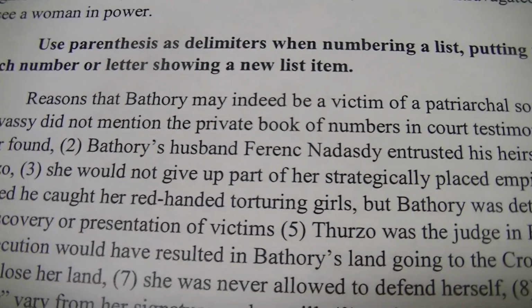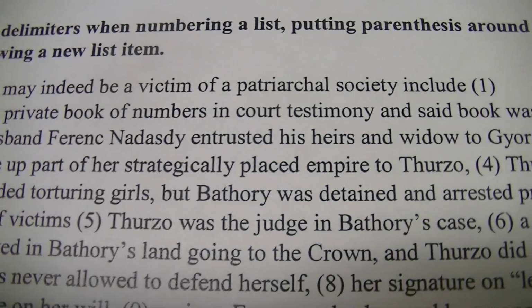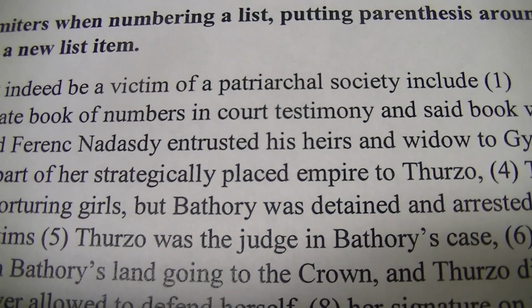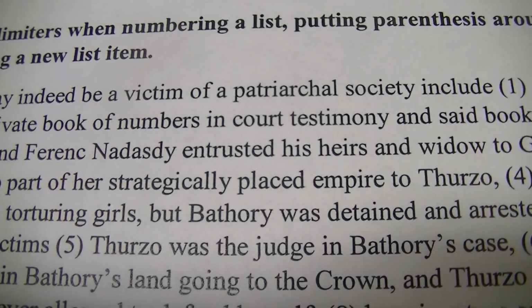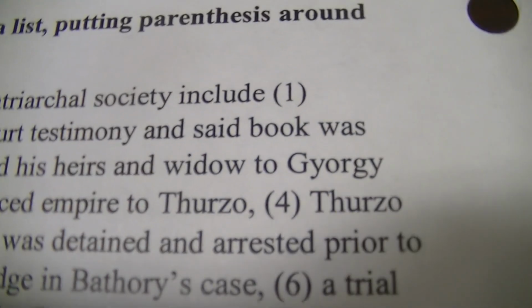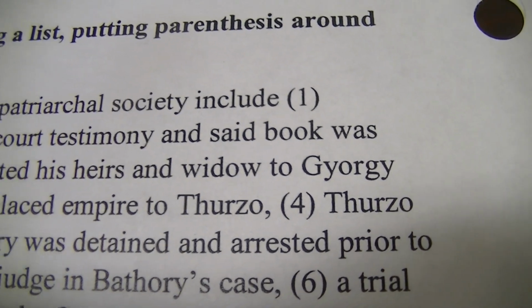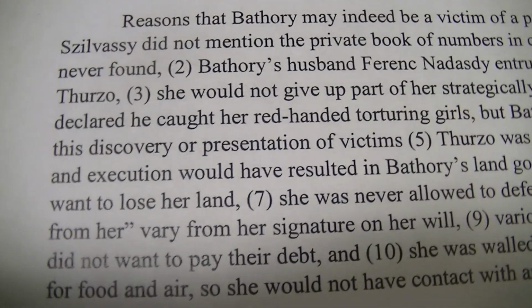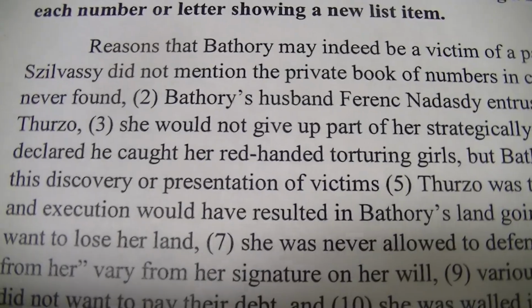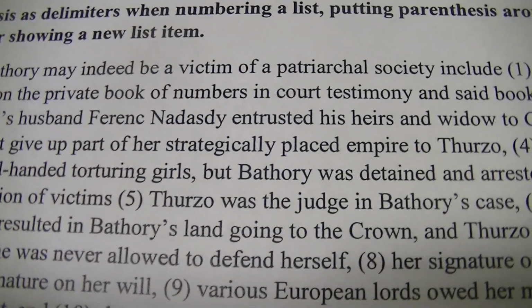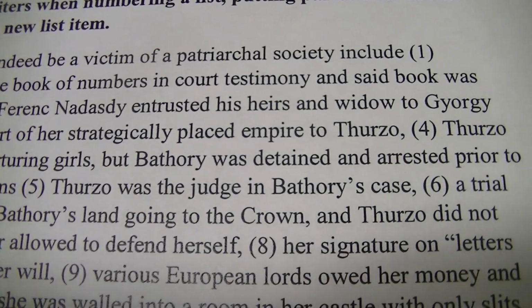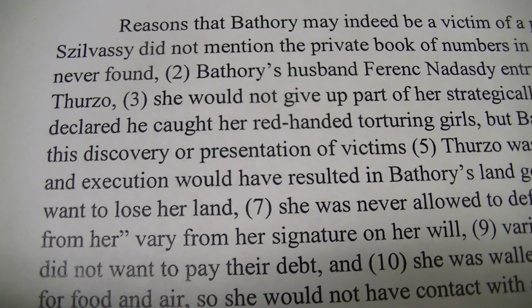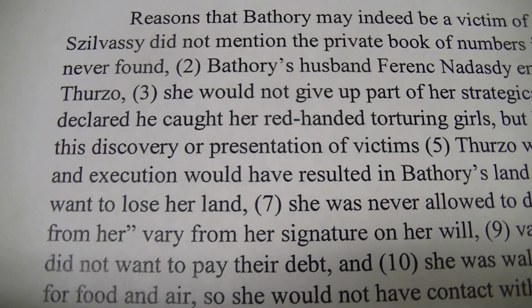She would not give up part of her strategically placed empire to Thurzo. You mean the guy that's supposed to be looking over her? Interesting. (4) Again, own set of parentheses. Thurzo declared he caught her red-handed torturing girls, but Bathory was detained and arrested prior to this discovery or the presentation of victims.